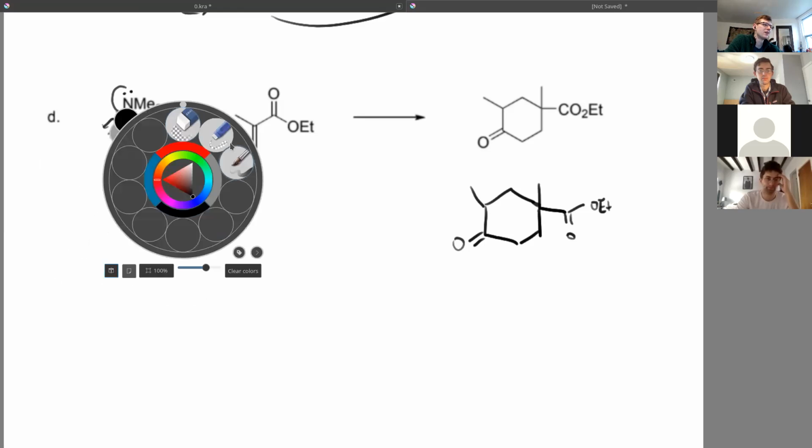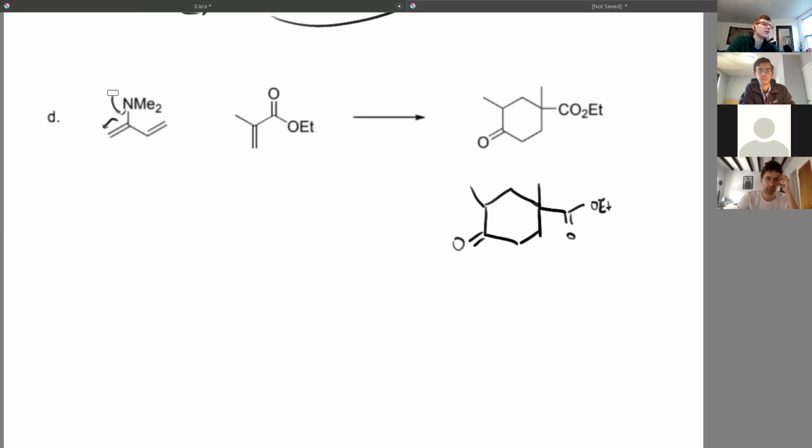We have an enamine, right? And we have a Michael acceptor, right? It's a conjugated thing. So maybe we could just do the reaction, right?